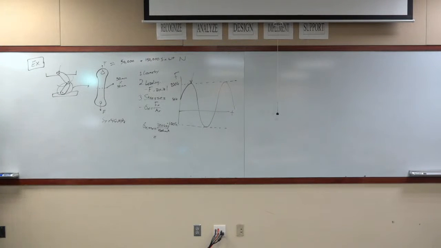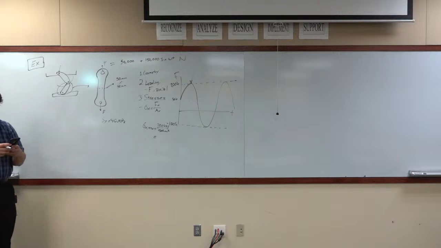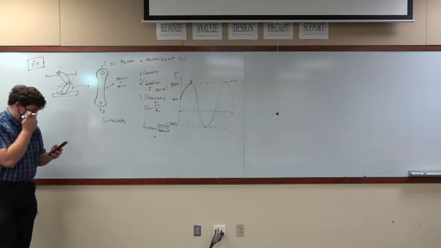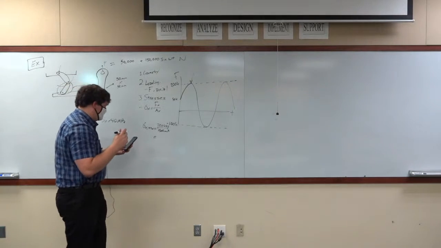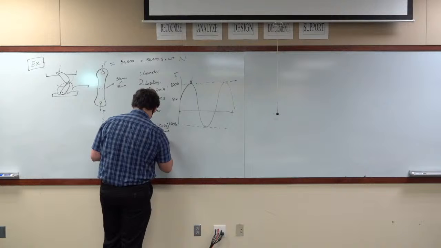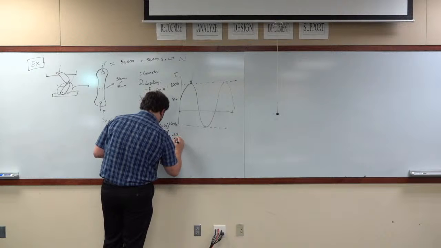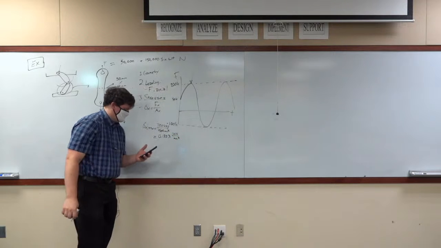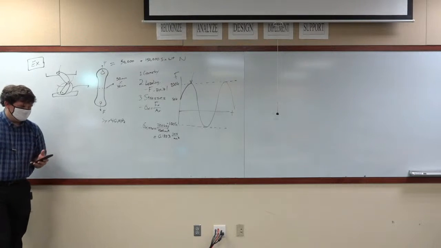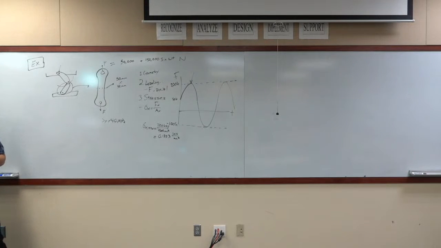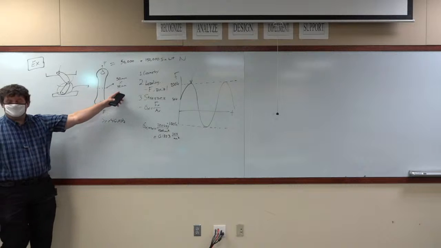Doing head maths. Okay, so this is equal to 0.1333 kilonewtons per millimeter squared. Where's the 1,500 coming from? 50 by 50 cross section.